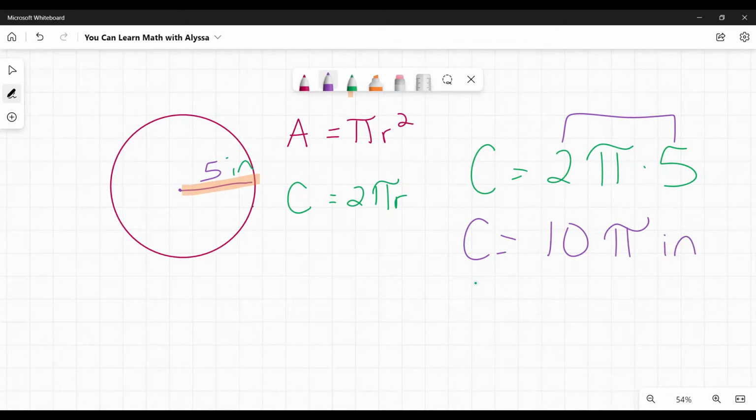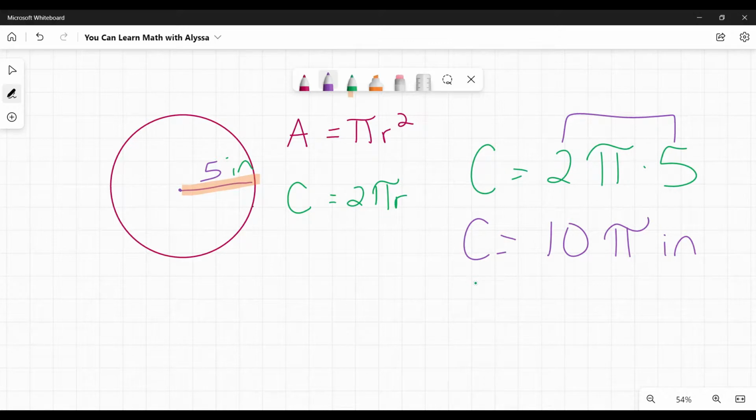This is circumference. It is length. Do not put squared on it. Just put inches. Again, make sure you know what your teacher wants. If they want you to leave it in terms of pi, that's the key phrase to look for, if they say give the answer in terms of pi, then leave it just like this, 10 pi, or in that previous problem, 25 pi inches squared.